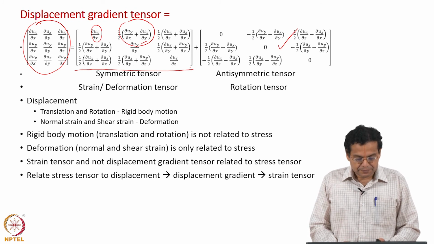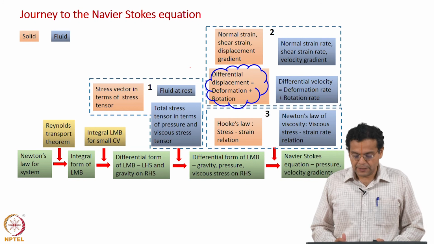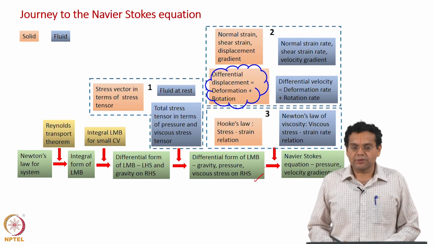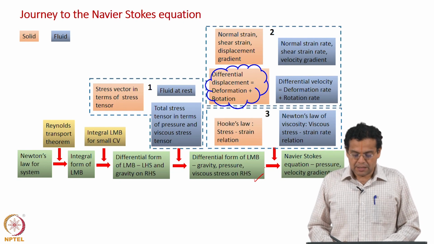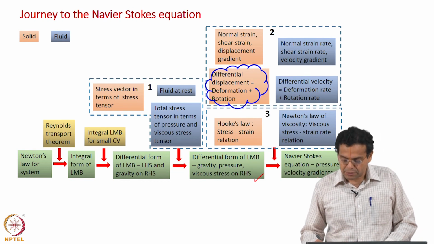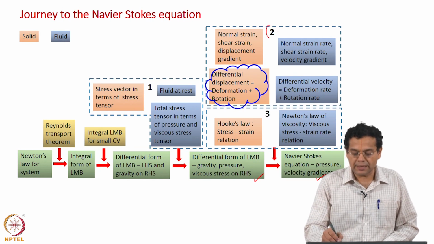And in terms of our journey to the Navier-Stokes equations, we were ready with the linear momentum balance for fluid, and we found out that the viscous stress tensor is unknown. We need to relate it to the velocity gradients, and we said that to understand velocity gradients we will take a diversion to solid mechanics.